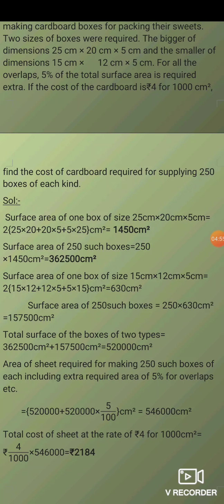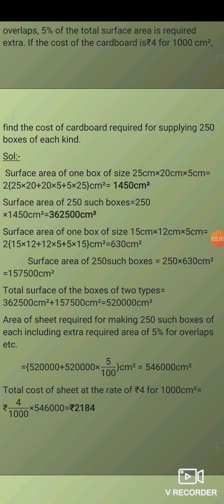Now the total surface area of both boxes, smaller and also larger, 3,62,500 plus 1,57,500. So what we get at last? 5,20,000 centimeters square.